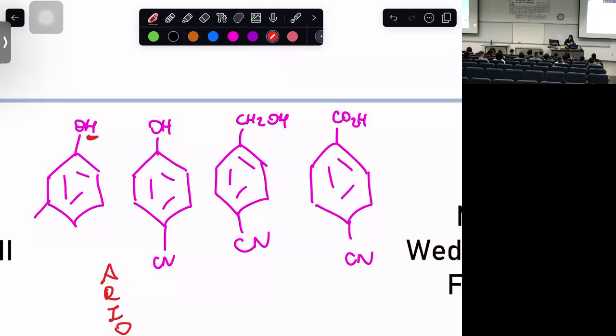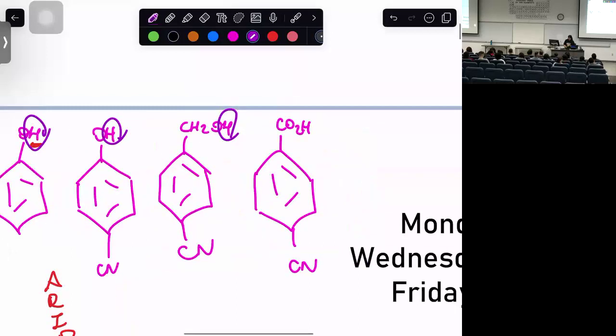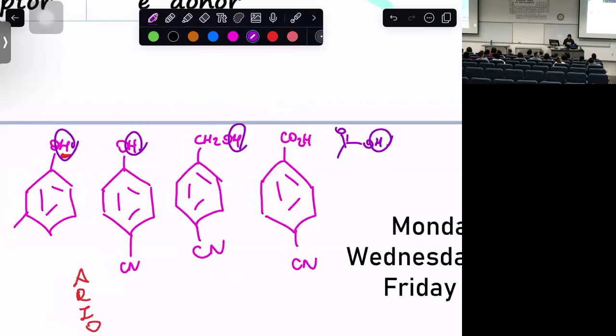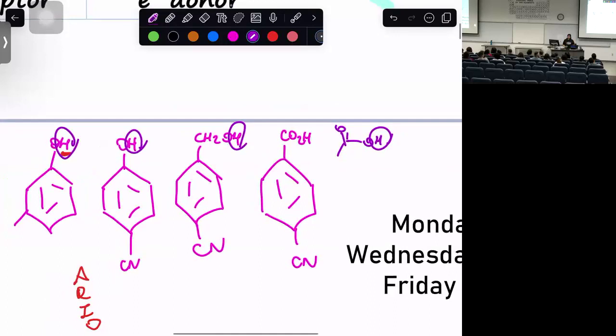Remember, alcohols, we consider them acids. So we're looking at these hydrogens in here. They are all connected to an oxygen, and then CO2H, what kind of functional group is that? Carboxylic acid. So it's going to look like this, but same process. That hydrogen is connected to an oxygen, so they all have the same exact atom. Since they all have the same one, I'm going to move on to the next portion, which is resonance.